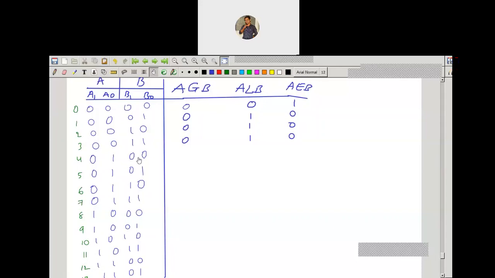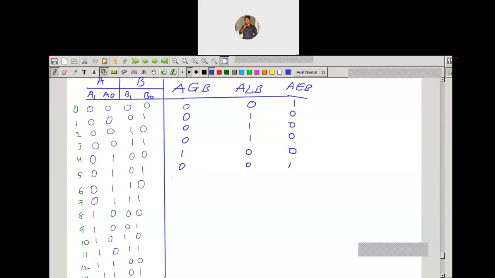Obviously A is more than B, right? Well done. A value 0 1 means the decimal equivalent is 1, B value 0 0 means 0, so obviously 1 is more than 0, so it is 1 0 0. And here 0 1 0 1, A value is 1, B value is 1. So both are equal. It is 0 0 1.